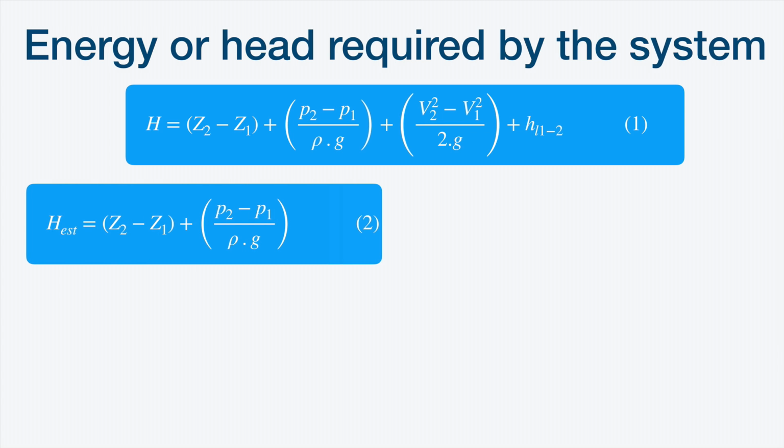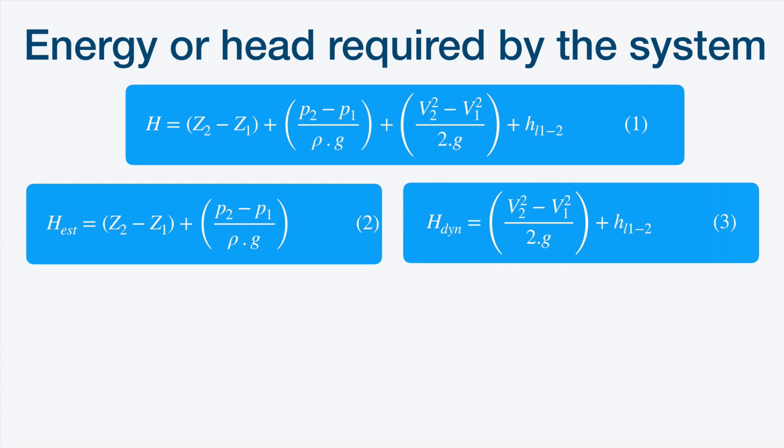The static part of this equation is composed of the difference in geodetic head plus the difference of pressure head. This static head doesn't change with the flow rate, doesn't change with velocity. That's why we are calling this static.